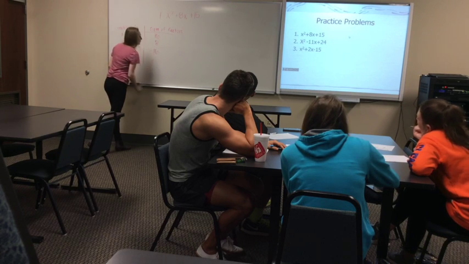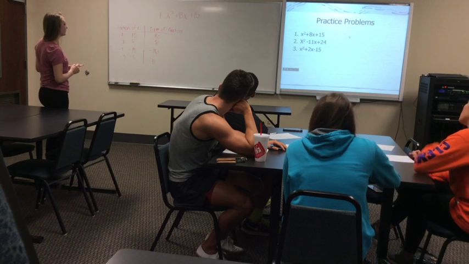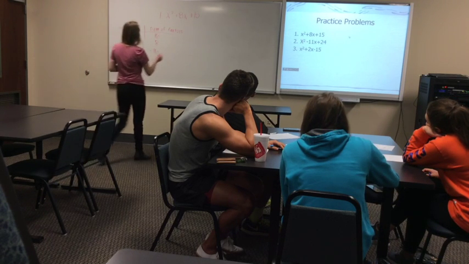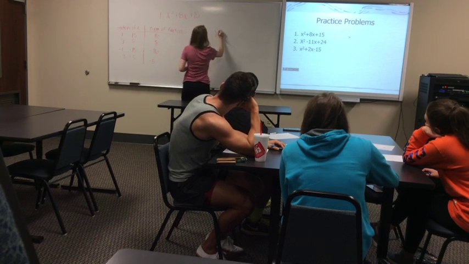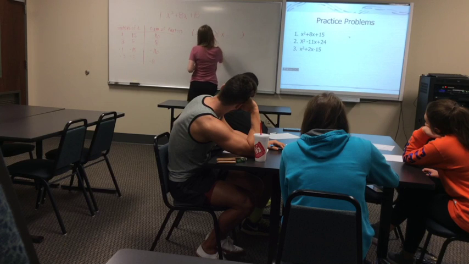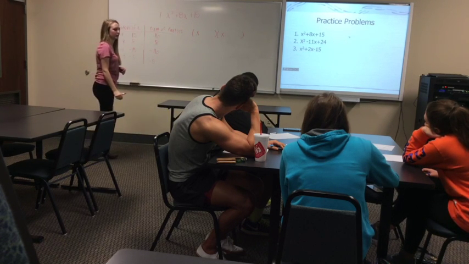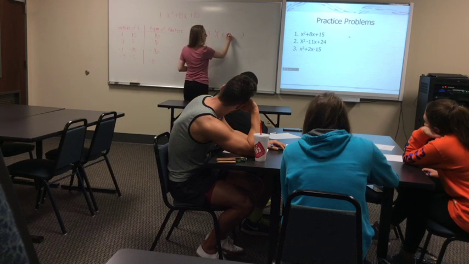So when you look at your B term, which of those two factors give you positive 8? Positive 3 and 5. So if you are looking to get this form, what am I going to add to those parentheses? Positive 3 and 5. So, plus 3 plus 5.